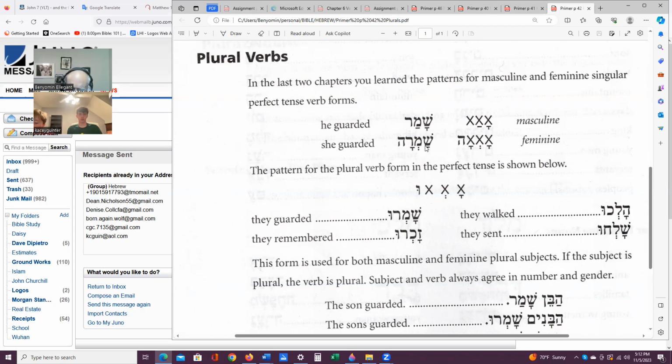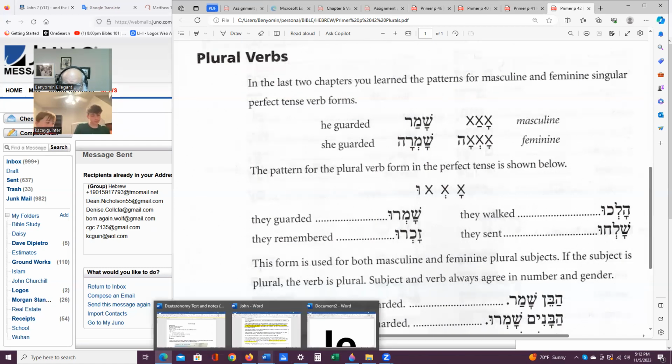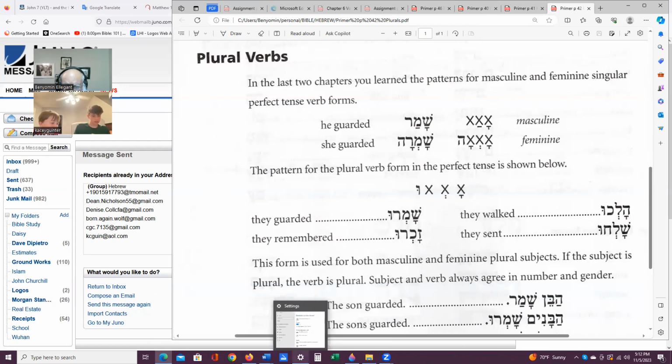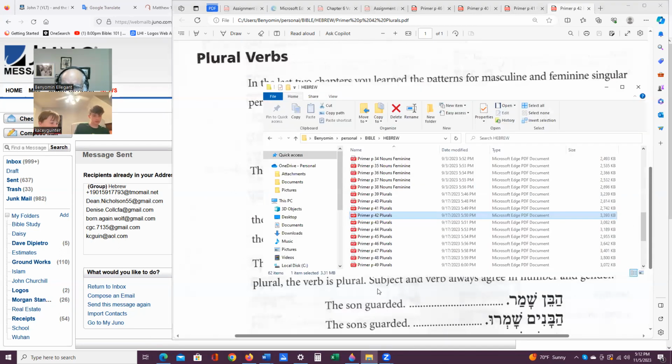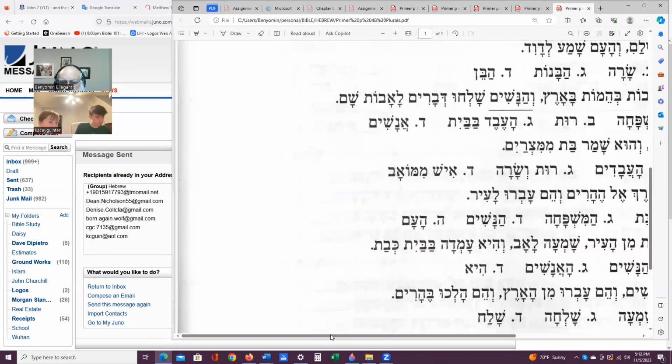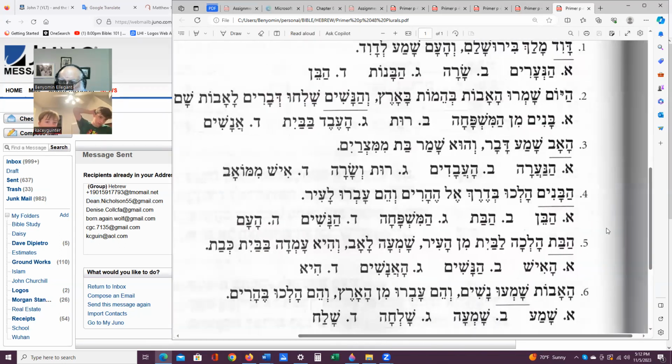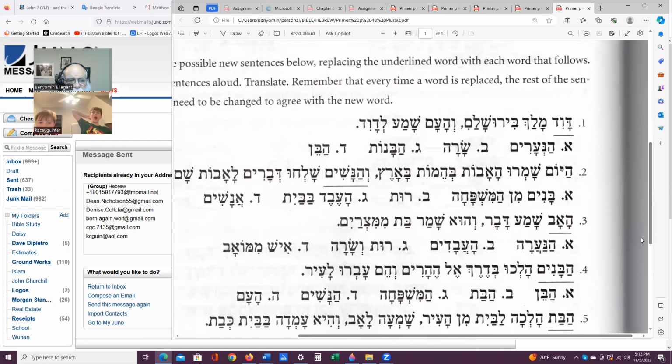So I want to look at page 48, and I'm going to assign this exercise to you. You'll see what I mean. This is going to be a bit of a challenge, but I think you can think of it as an exercise in having fun.